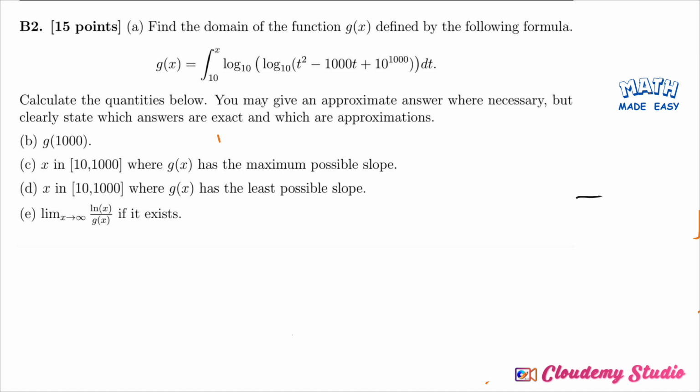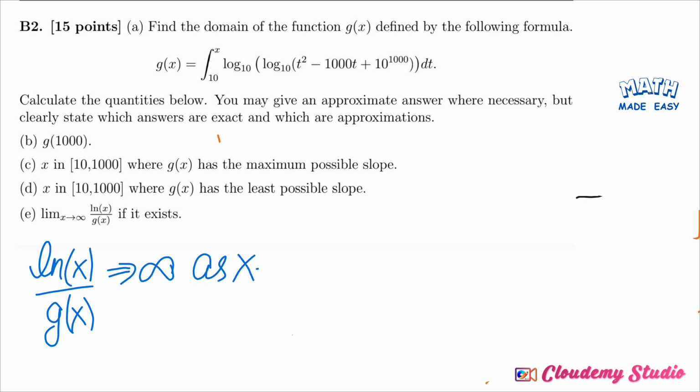The limit of ln x over g of x, if it exists. Now we know that ln x over g of x goes to infinity as x tends to infinity. This we know, but we can show it as well.